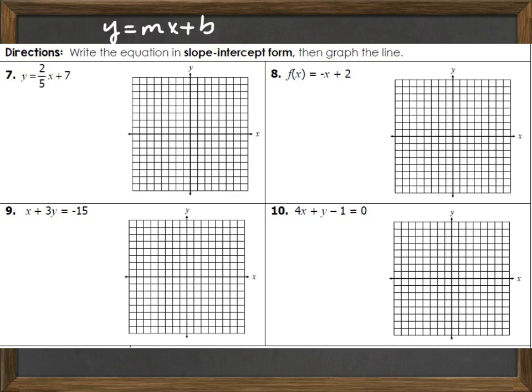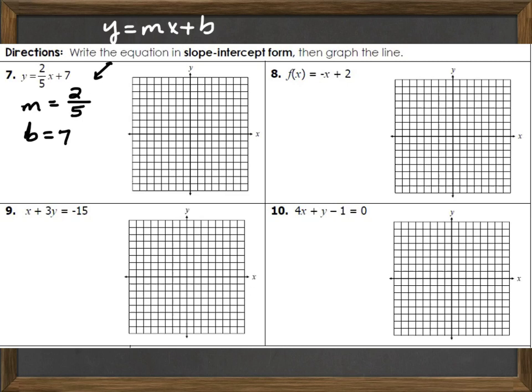So in number 7, m, the slope, is 2/5, and b is equal to 7. Now it's a positive slope, so we know that it's going to lean up and to the right. We always start with our y-intercept at 7.